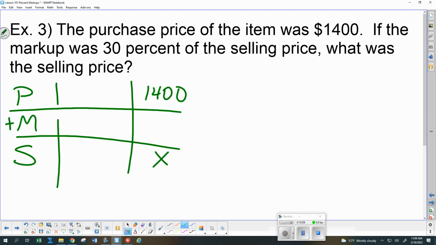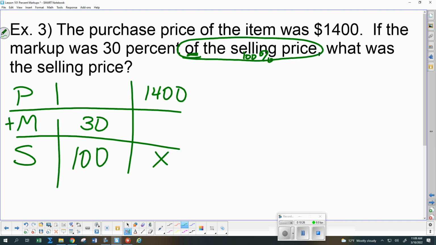Okay, we've got to be careful. The markup was 30%, but it was 30% of the selling price this time. So of the 100%, the 100 has to go down here on the selling price. So what percent do I need on that top row? I've got to have a 70 on that one.